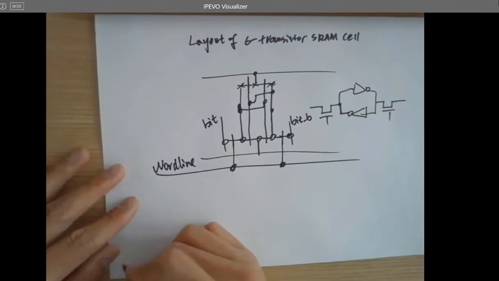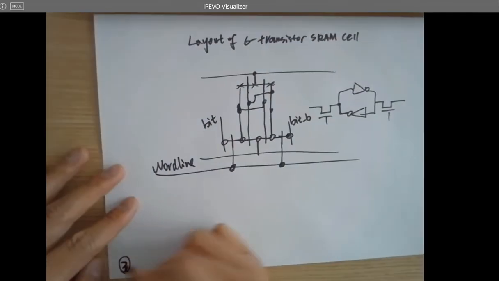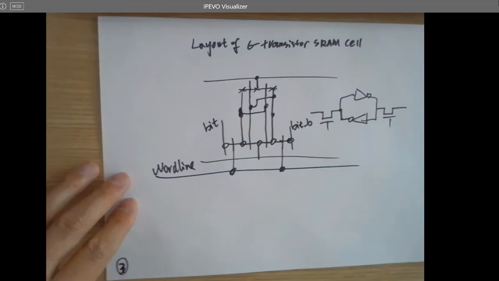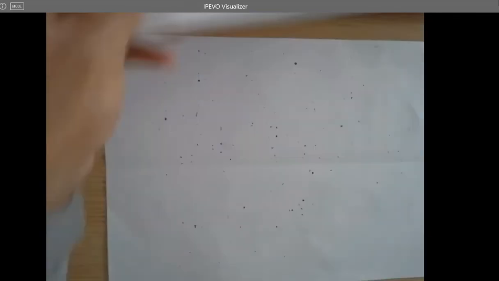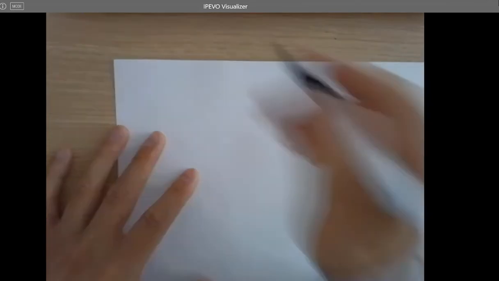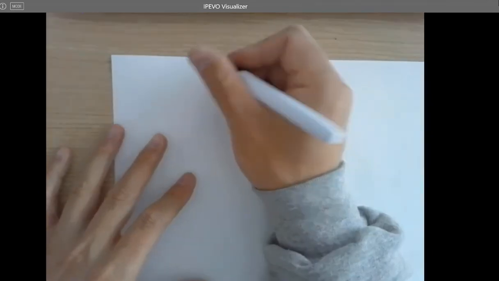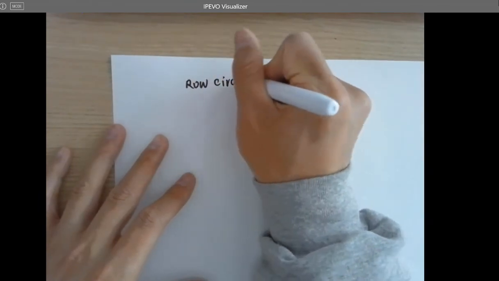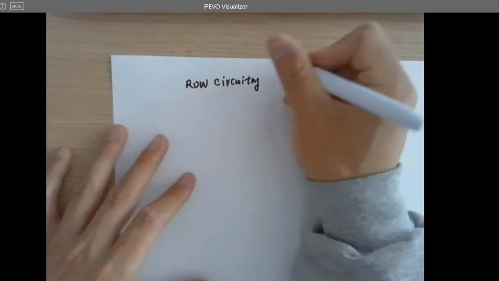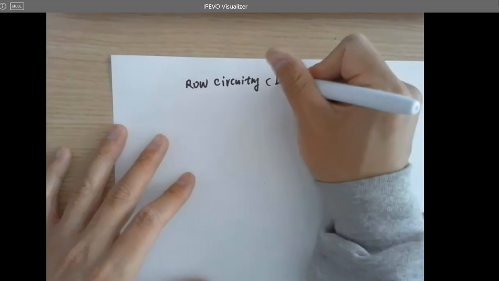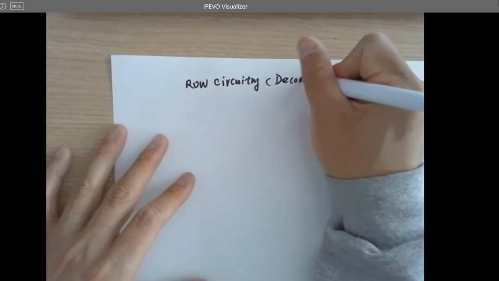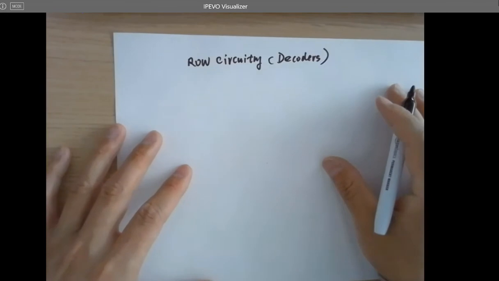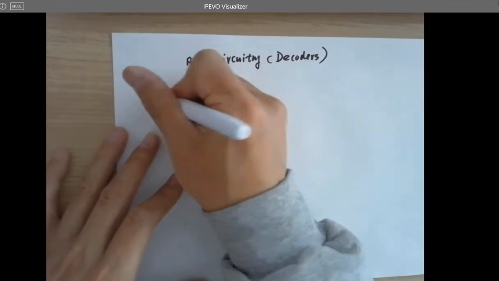Okay, decoder. Pretty simple. Just want to double check, see if you guys still remember how to design the decoder. Row circuitry. It's just actually decoders. So here's the logic, A1, A0.